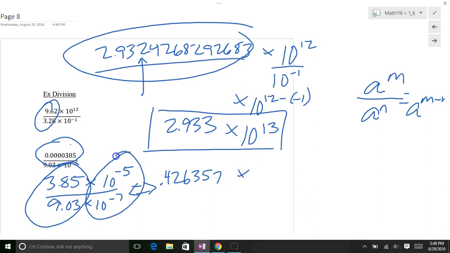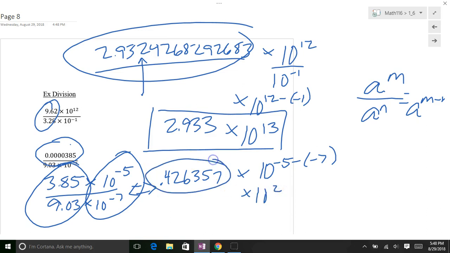And then 10 to the negative 5 over 10 to the negative 7, so that'll be negative 5 minus the negative 7. So negative 5 plus 7 is 10 squared. Now notice this part. I have 0.426357 times 10 squared. This is not big enough. Remember, I have to be bigger than 1, less than 10, so I have to move it over 1. 4.26357 times 10 to the negative 1.